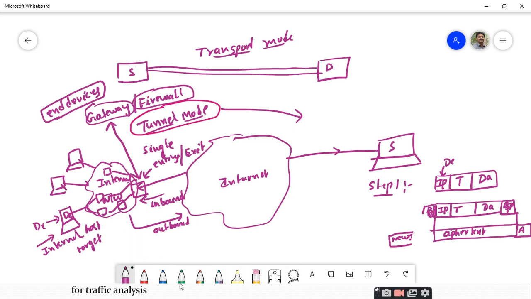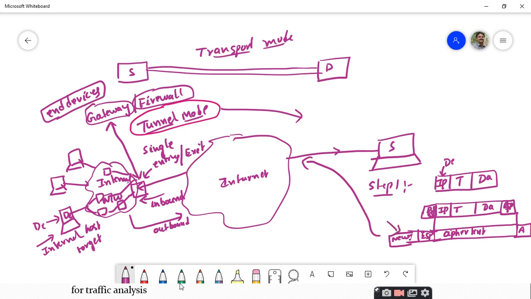Let me rewrite it. So like this, the packet is ready at the source, and you just transmit this packet over the network.